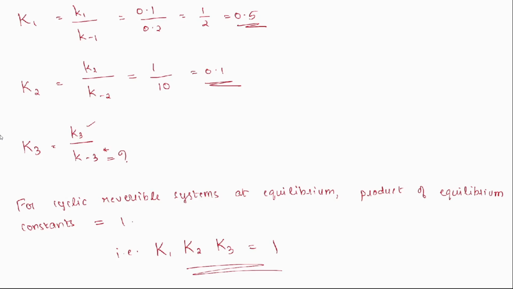So we'll use the formula K1 into K2 into K3 is equal to 1 to find the value of capital K3, and from the equilibrium constant K3 we can find the value of k minus 3. So we have the K1 and K2 values which we just found.